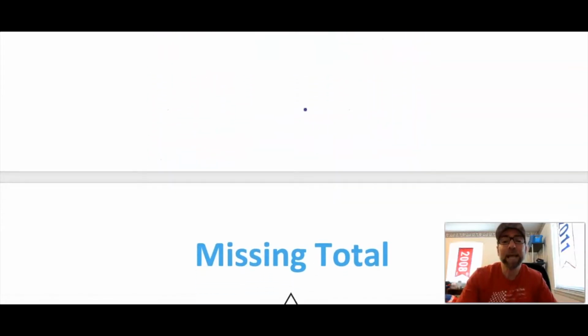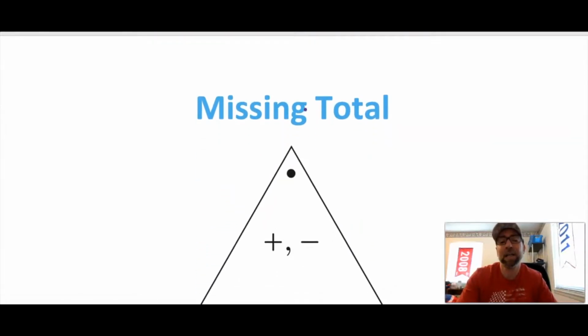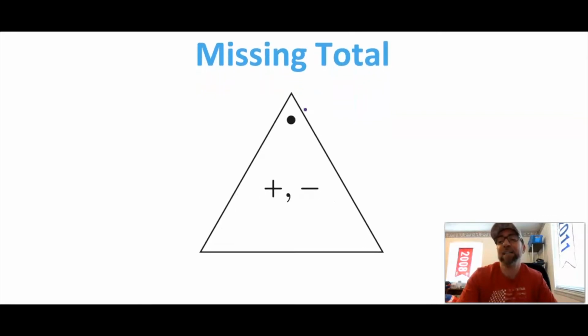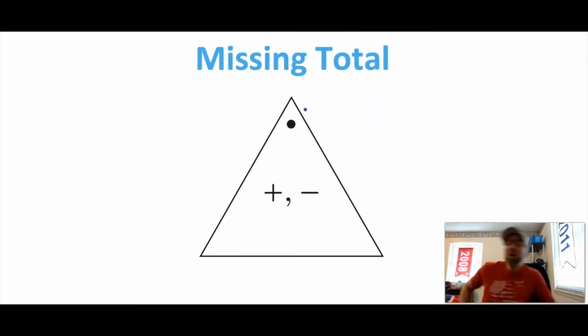Now let's take a look at this fact triangle. Let's write this on our sheet protector. Let's fill in our parts first. Our first part is the number 7. Our second part is the number 4. Now, this fact triangle is missing our total.